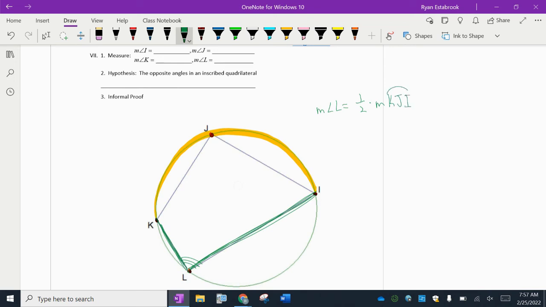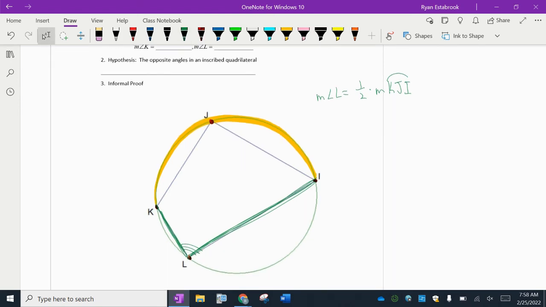Right, this is a variation, or a case of the inscribed angle being half of the arc angle from before. So that's how I know that this equation is true. And then another thing I'm going to do here is look at this angle J at the top. I'll put a little mark on it. This angle J is another inscribed angle.